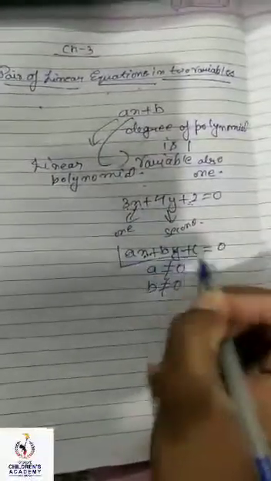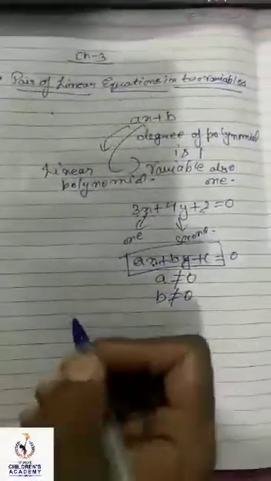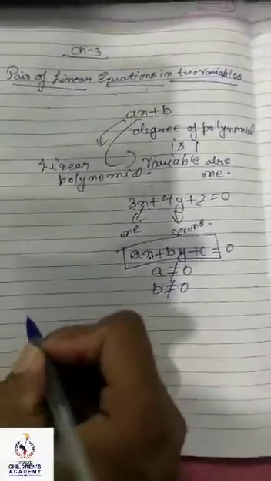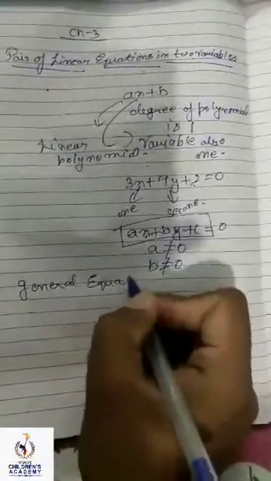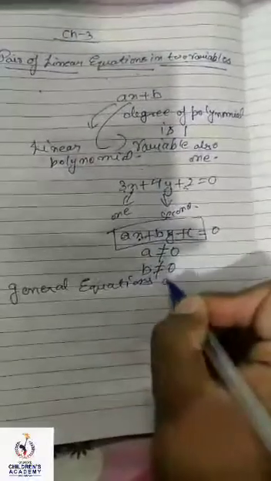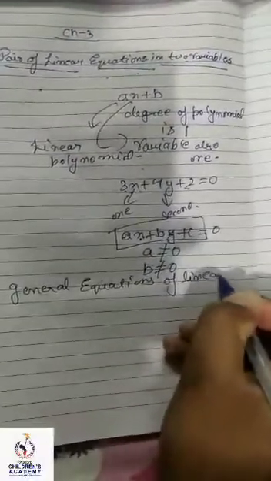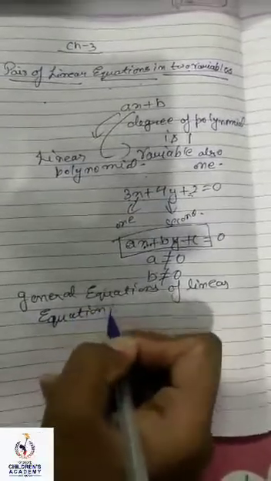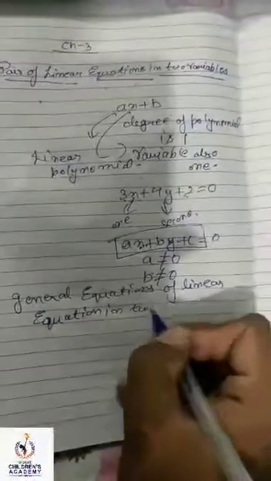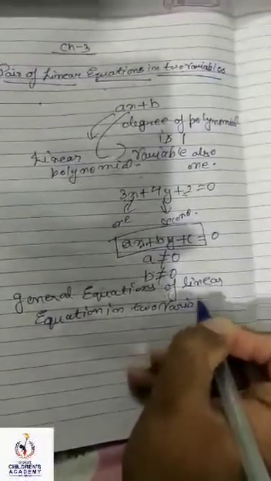So in this chapter we want a pair of linear equations in two variables. This is only one equation, so if we want a pair, we have to write two general equations of linear equation in two variables.